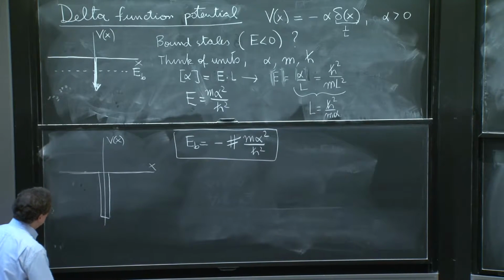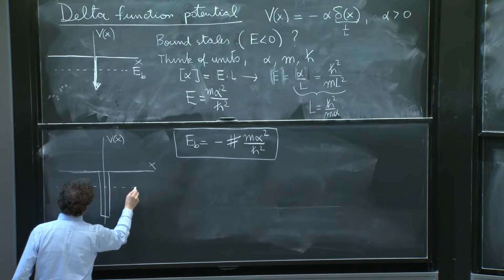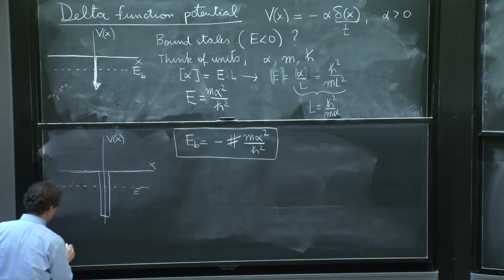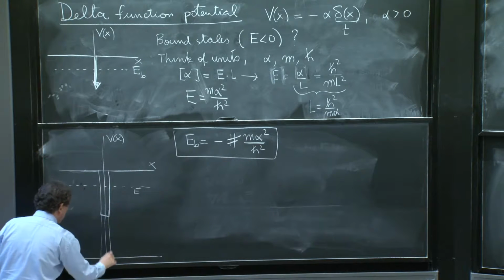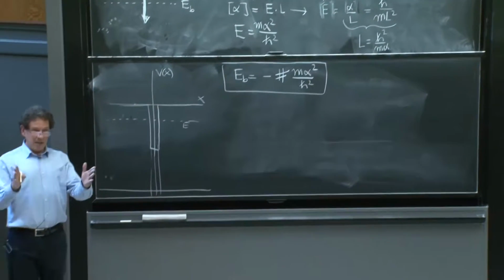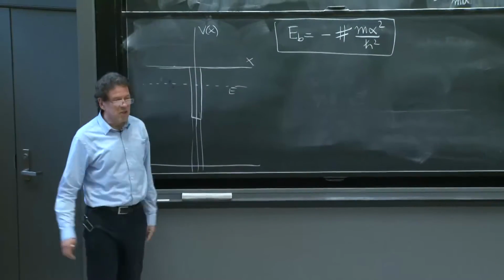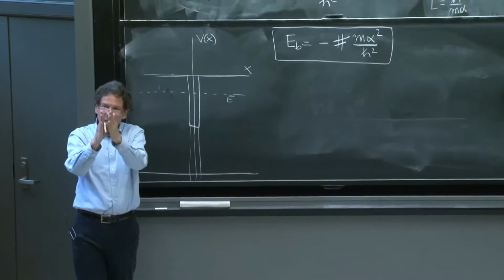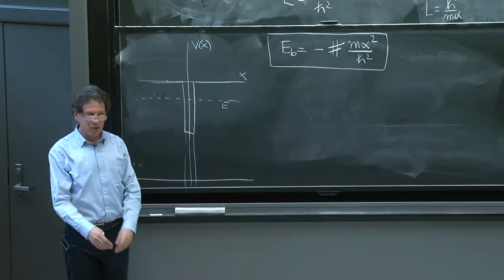And for this potential, if you have a bound state, how would the wave function look? Well, suppose you have a ground state, it's an even potential. The delta function is even too, it's in the middle, it's symmetric. There's nothing asymmetric about the delta function.